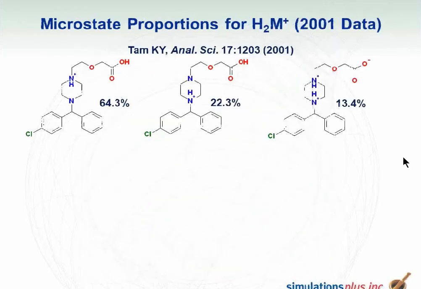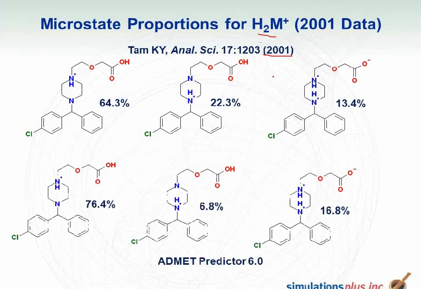Okay, and then just one final statement on our models in the macrostates. For cetirizine, the microstate proportions for the positively charged species are shown here in an experiment performed in 2001, and we can compare that to those predicted by ADMET Predictor.